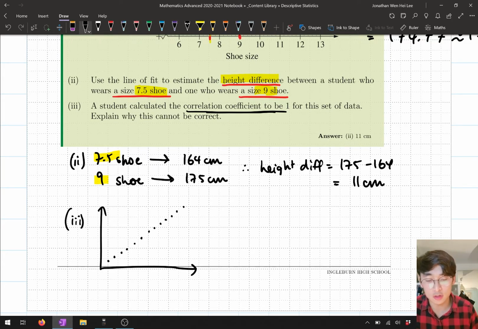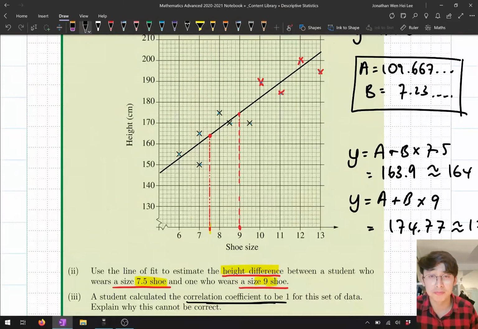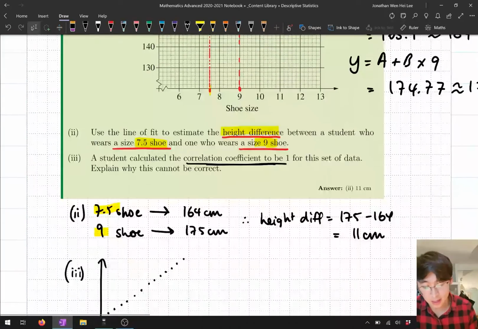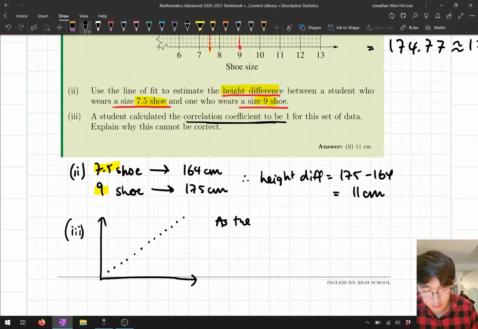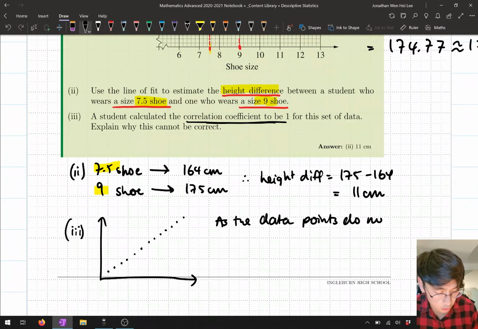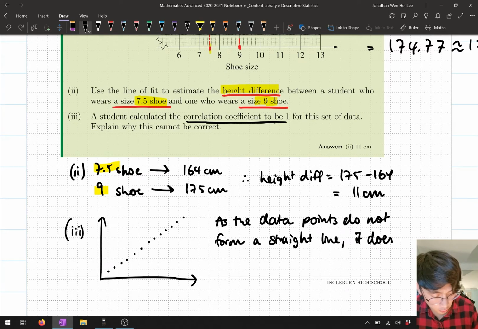If you have a look at our data set, do we have something that looks like that? Unfortunately, we don't. So here, as the data points do not form a straight line, it does not have r is equal to 1.